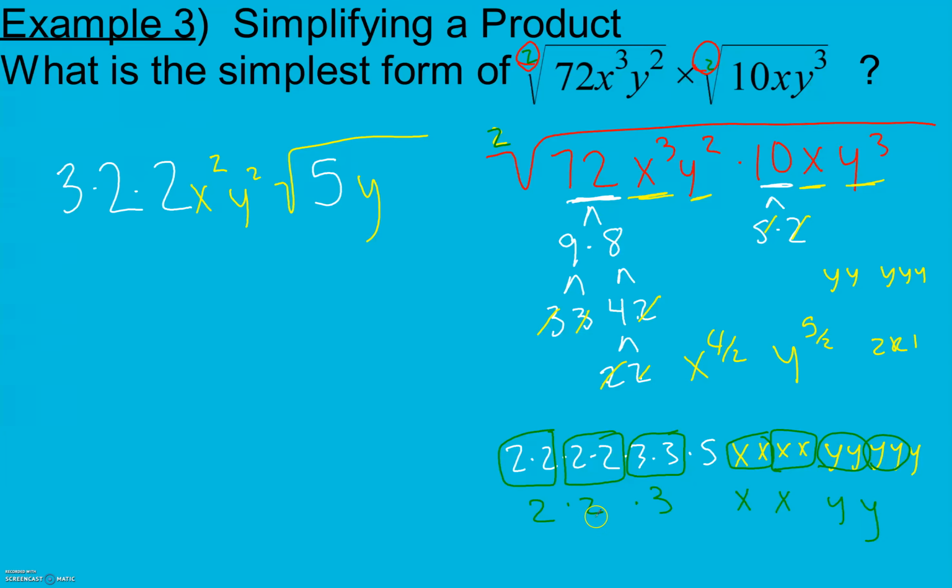So 2 times 2 is 4 times 3, 12. X squared. Y squared, and what's left, 5 and y, go inside my square root. Okay, same thing up here. We've gotten 3 times 2, 6 times 2 is 12. X squared, y squared, square root of 5y.